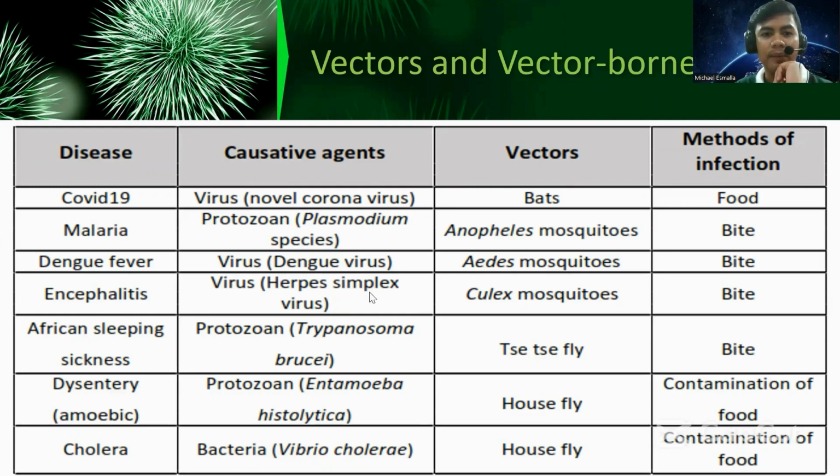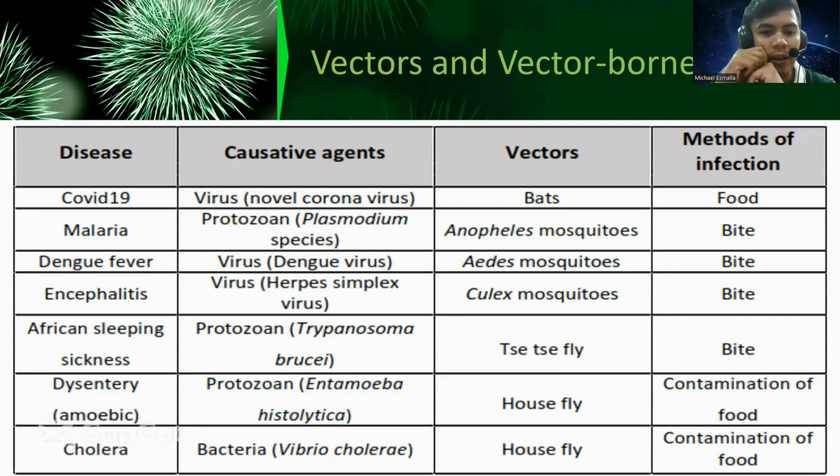Encephalitis, these are caused by the herpes simplex virus, which are also carried by the Culex mosquitoes. And then the mode of transmission is biting. We also have African sleeping sickness, which is caused by protozoan.